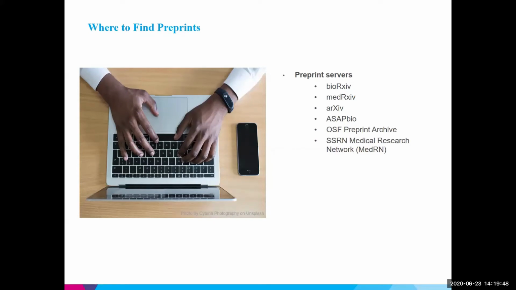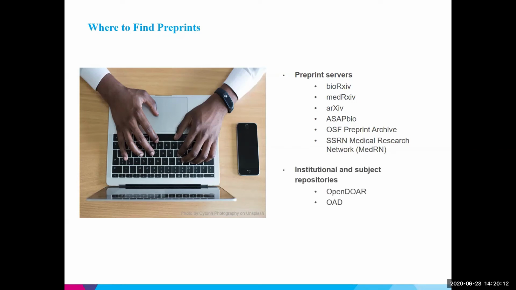And SSRN, which stands for Social Science Research Network and used to be just social science and law, now has a medical research network platform called MedRN. So there are many, many others. These are just a sampling of some of the larger and more prominent ones.